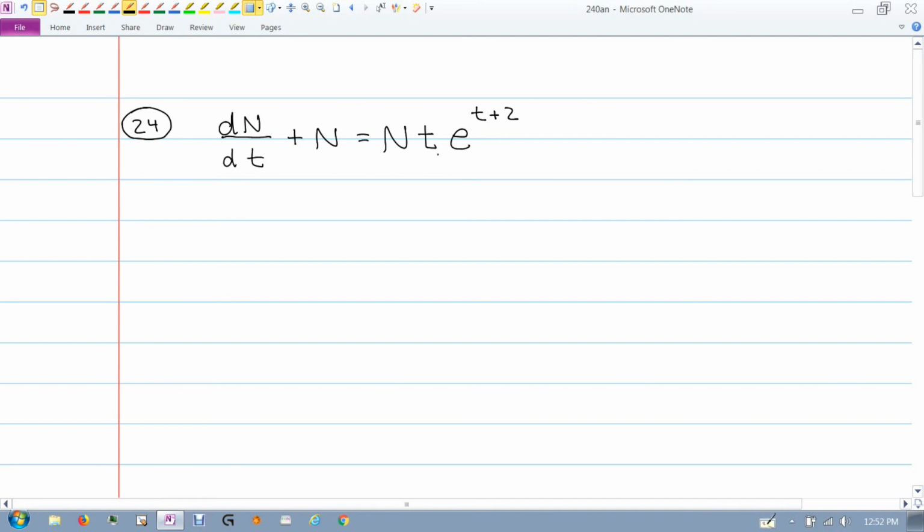So we've got to get our dn and dt separated here. Why don't we start by just dividing everything by n? Okay, so I'm going to have 1 over n dn dt plus 1 equals t e to the t plus 2.